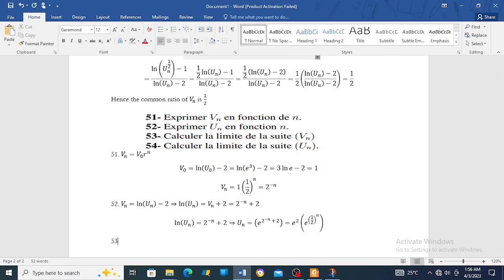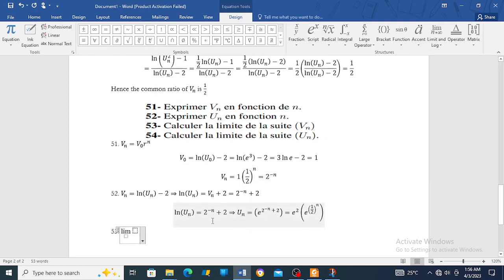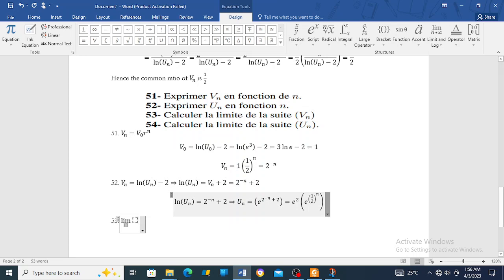Now 53, calculate the limit of v n. So the limit of the sequence is the limit as n tends to positive infinity of v n, which is simply equal to the limit as n tends to positive infinity of what is v n? Our v n is half raised to the power n.